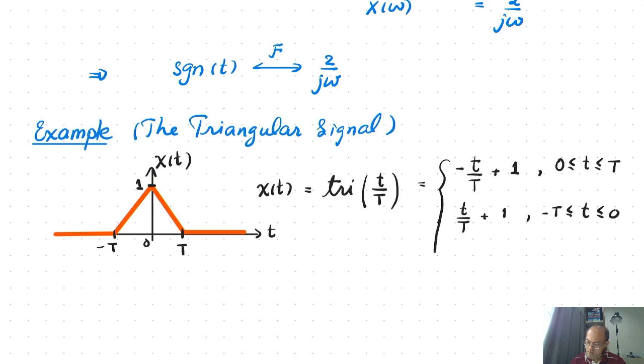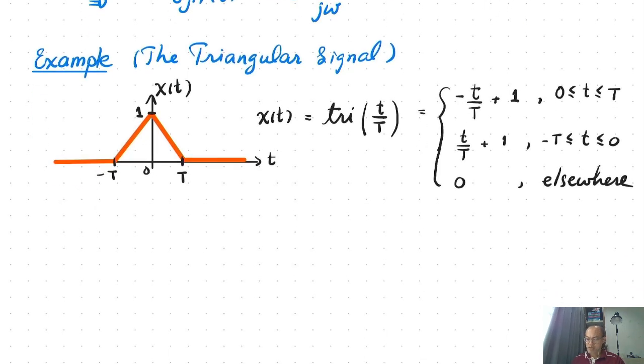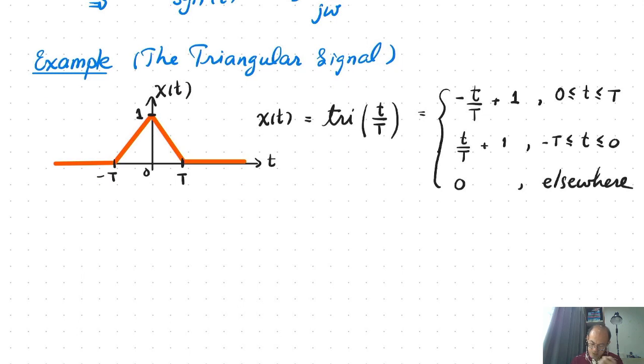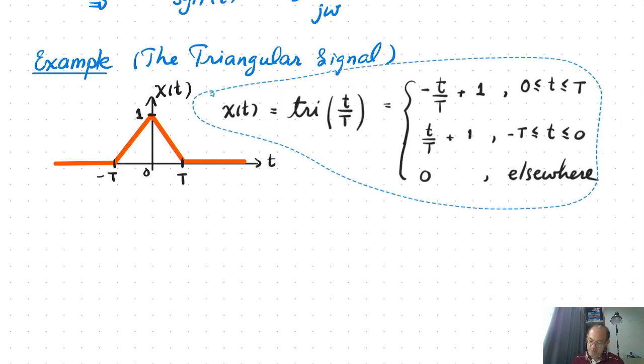Other than that, the value is 0. So this is a mathematical expression for a triangular signal.